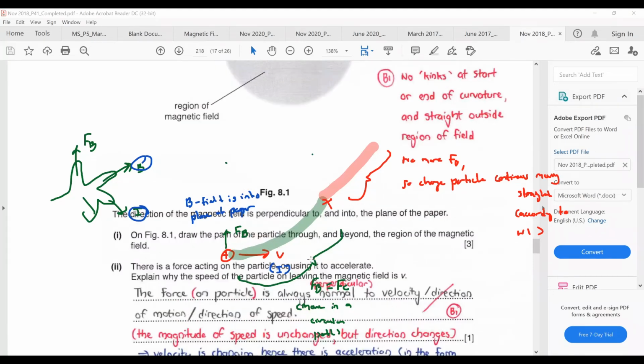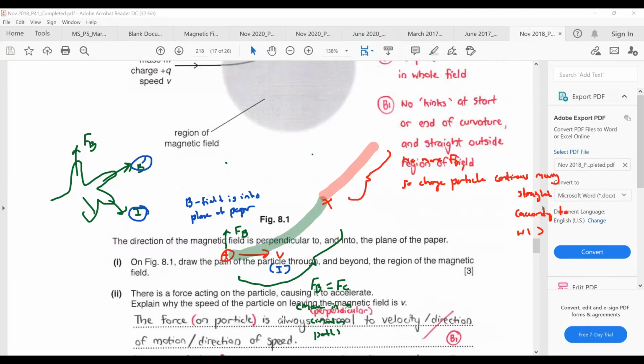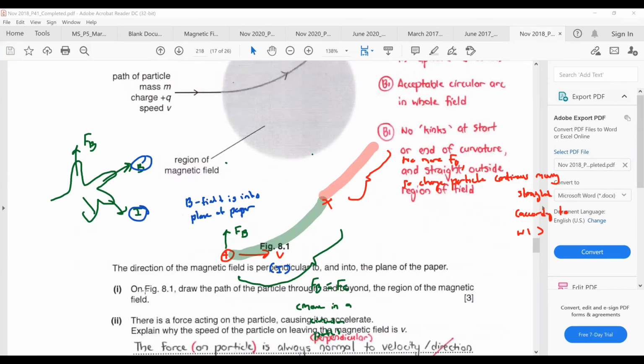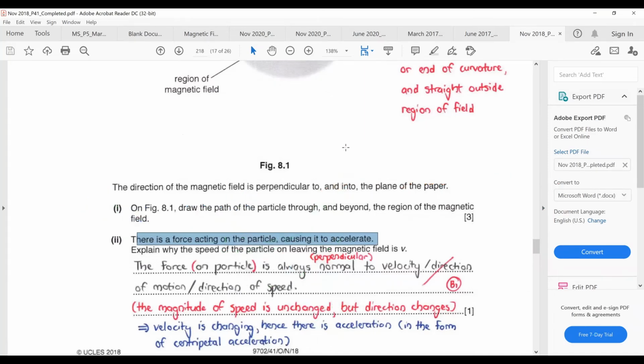All right, now then the second part here, they ask you, there is a force acting on the particle causing it to accelerate. Explain why the speed of the particle on leaving the field is v. Okay, so there is a force acting on the particle causing it to accelerate. This one is actually referring to your centripetal force.